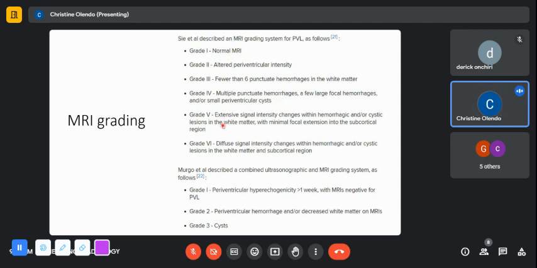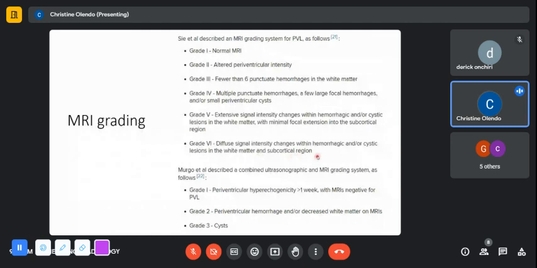In grade 5, there's extensive signal intensity changes within the hemorrhagic and/or cystic lesions in the white matter with minimal focal extension into the subcortical region. In grade 6, there's diffuse signal intensity changes within hemorrhagic and/or cystic lesions in the white matter and the subcortical region.